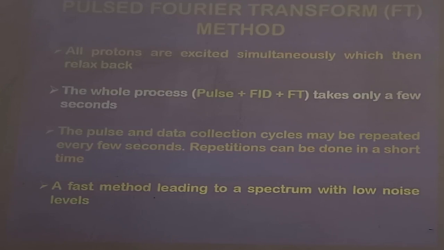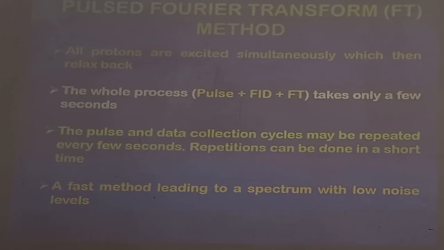And why is it known as FID? Because the signal decays with time. How does it decay? Its intensity decreases with time. So it starts off with the maximum intensity and then it decays with time. This is how it looks.